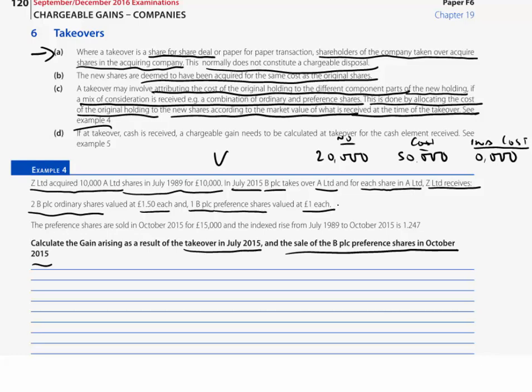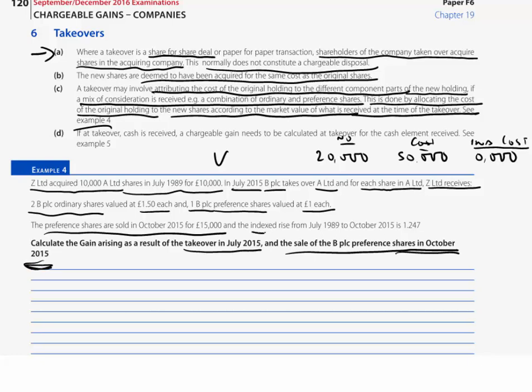Now if you're seeing similarities here to what we saw in our personal tax, our CGT section, it is true: we're dealing with the same basic issue here. Right, the preference shares are then sold in October 15 for £15,000. That's this part of the question that we've got to resolve.